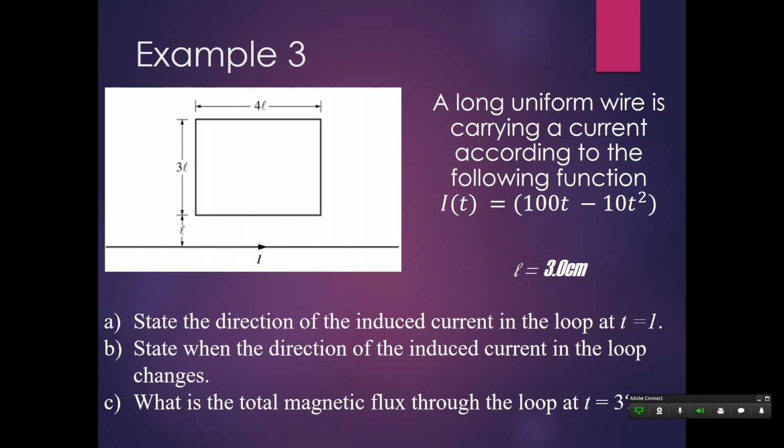Take a deep breath because C is a doozy. So the question is, what is the total magnetic flux through the loop at t equals 3 seconds?